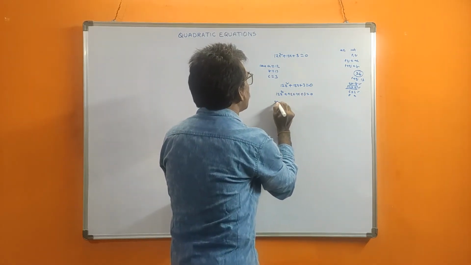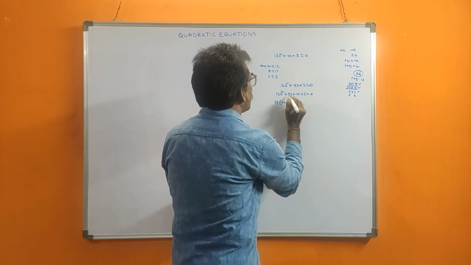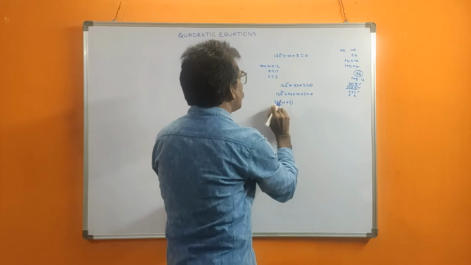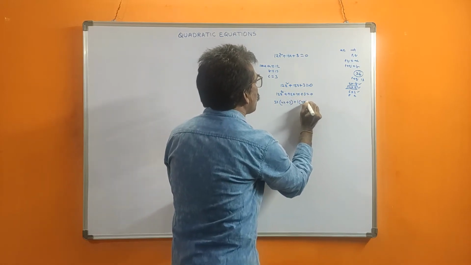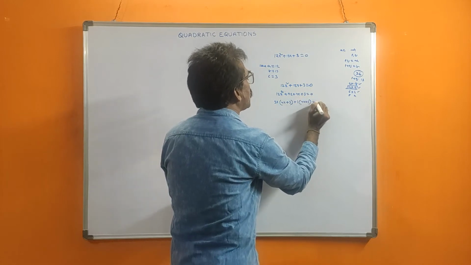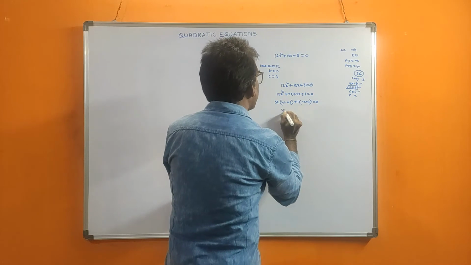See, in this pair 3x is common. Here 4x is left, 3x into 3 is 9x. Now in this only 1 you take, 4x plus 3. Nothing is there means 1 also you can take. See now, in this term and in this term, 4x plus 3 is common.